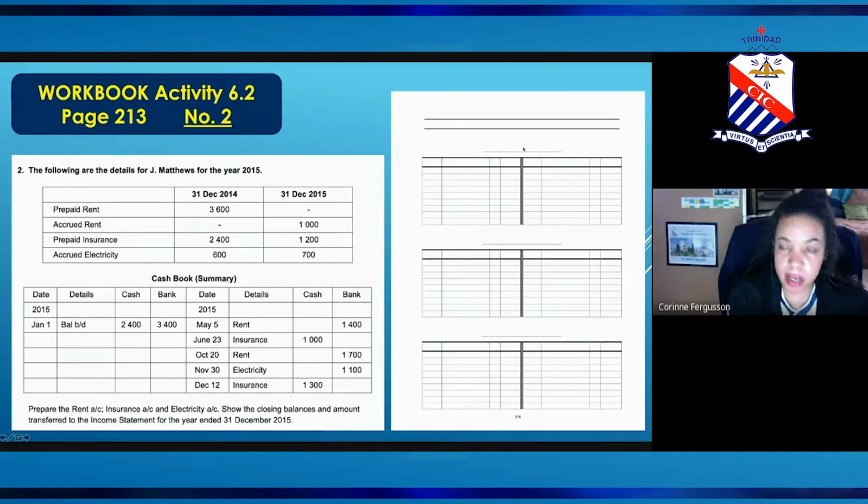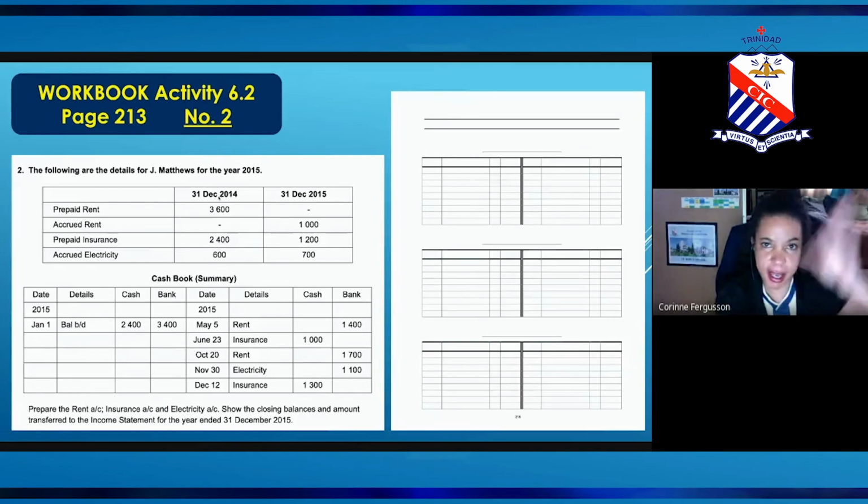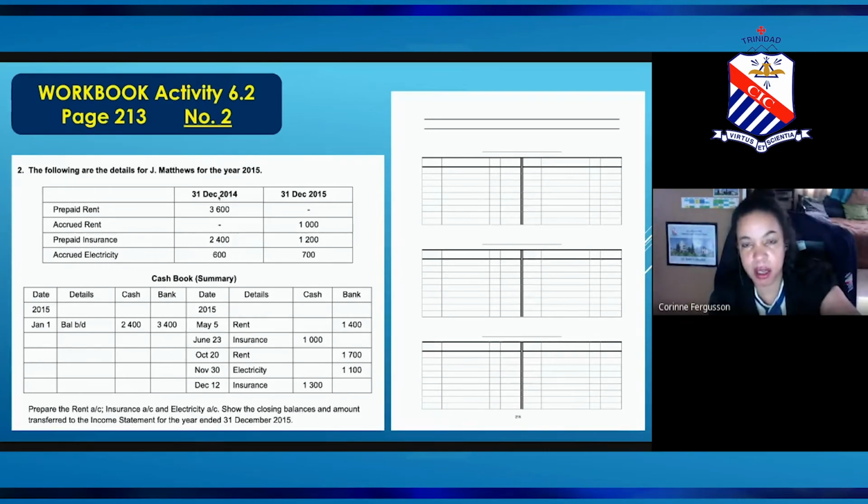You're naming one rent. You're naming the other one insurance. And you're naming the 3rd one electricity. And then you are going to do those 3 accounts according to PAP, right? The PAP burger, the PAAP, with the cash and bank on the debit side in between, and the income statement on the credit side in between.